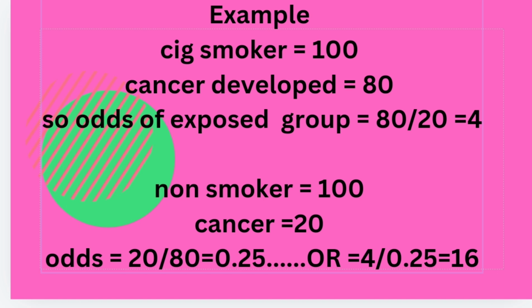So the odds of the exposed group will be 80 divided by 20. Why do we put 20 as the denominator? We actually subtract those people who were exposed but did not develop cancer. So odds of the exposed group will be 80 divided by 20.